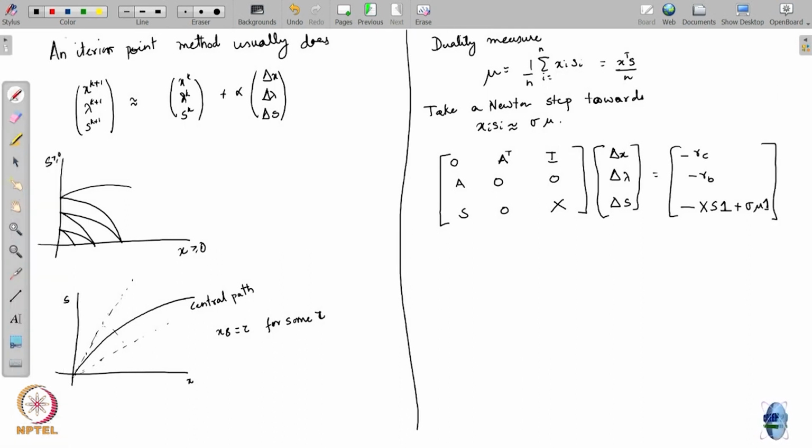Okay. So, what is R c and R b? Well, R c is simply the residual that remains from the dual constraint.